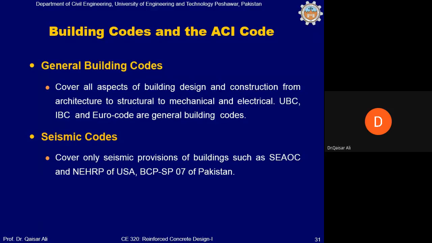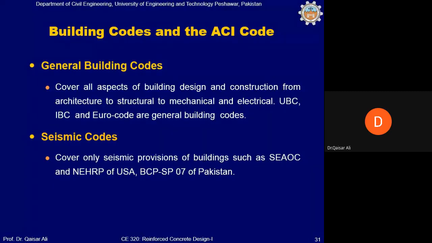Although the American codes cannot be used exactly as they are in the current form, because every country has its own requirements, the American codes are modified according to local requirements. Exactly this thing we have done for our Building Code of Pakistan.